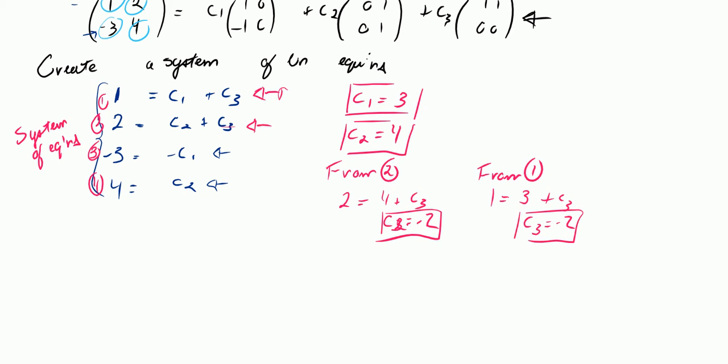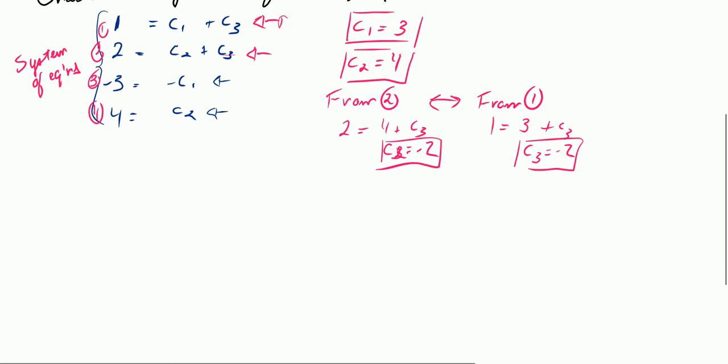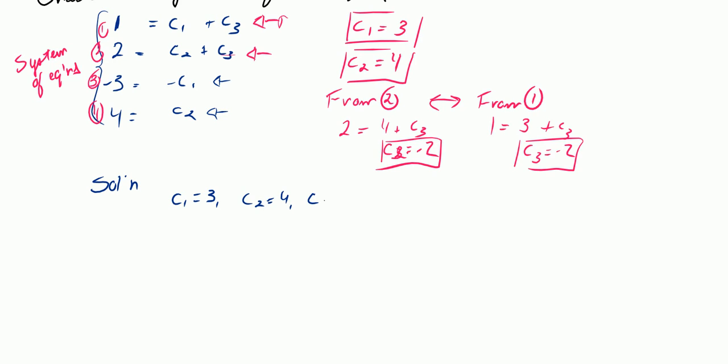So it looks like both my answers match up. So my solution is c1 equals 3, c2 equals 4, and c3 equals minus 2. So I do get a solution.